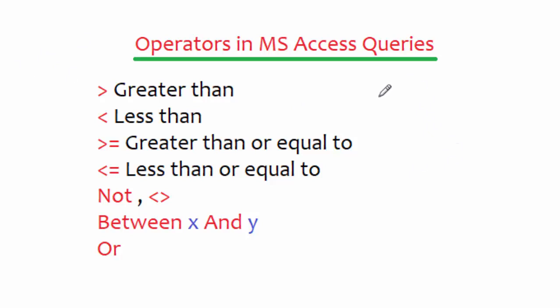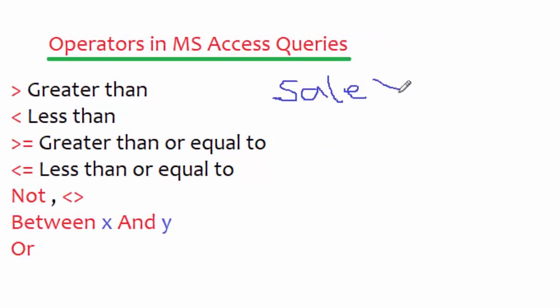For example, you can write here, look for cells which are greater than 15,000. So with this symbol, it will help you to filter and get only the cell figures which are above 15,000.